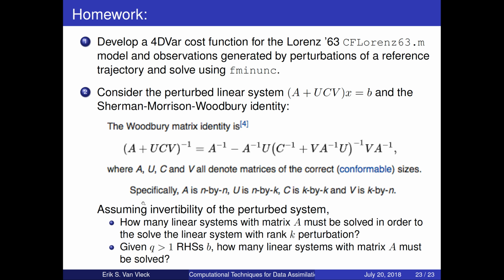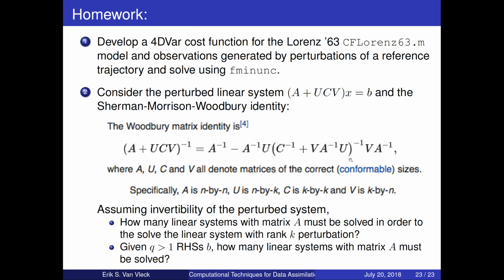So assuming invertibility of the perturbed system, which is this term right in here, C inverse plus V A inverse U, how many linear system solves with the matrix A are required to solve a linear system with a rank K perturbation? So this is with a single right-hand side. If we have multiple right-hand sides, how many linear system solves with the matrix A are required?